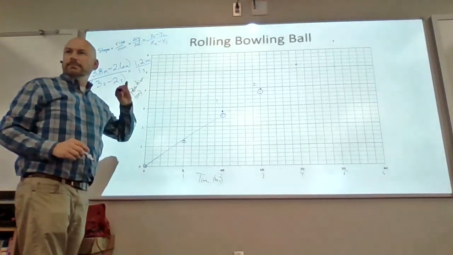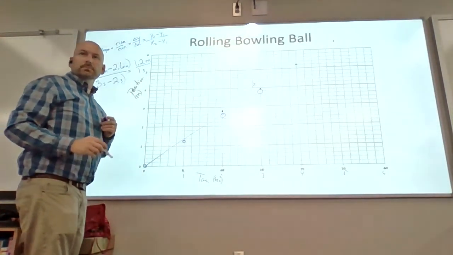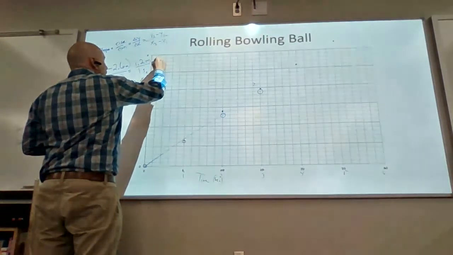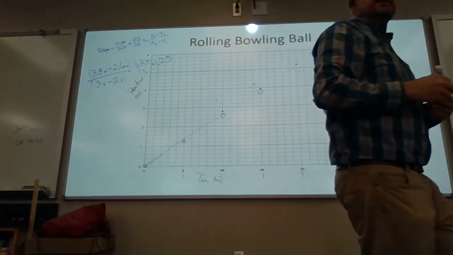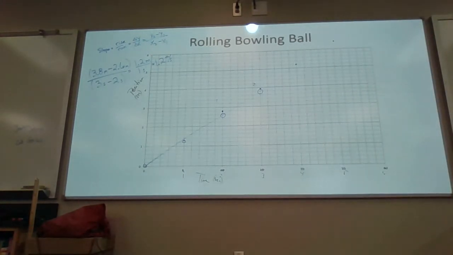How else could I write that? 1.2 meters per second. What is that? We just did something mathy, and it corresponds to real life?